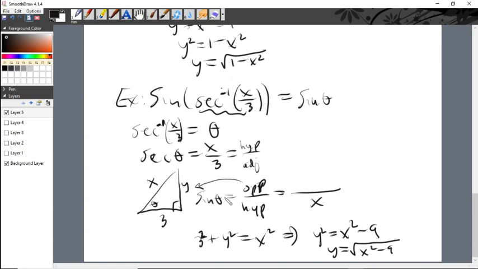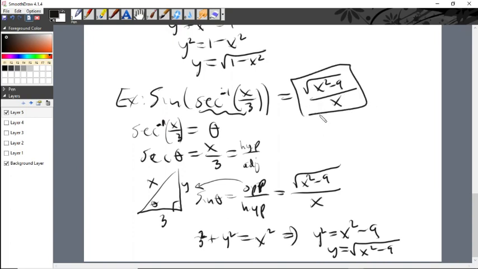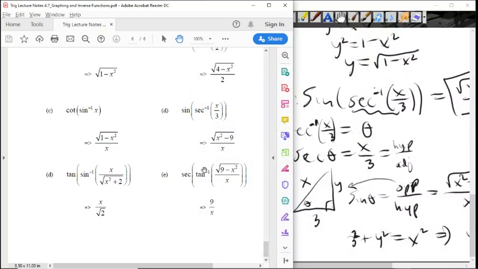So the sine of theta is the square root of x squared minus 9 over x. The original expression, the sine of the arcsecant of x over 3, is equal to the square root of x squared minus 9 over x, and that's the answer we were looking for.